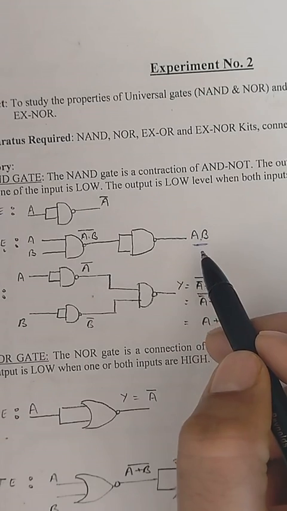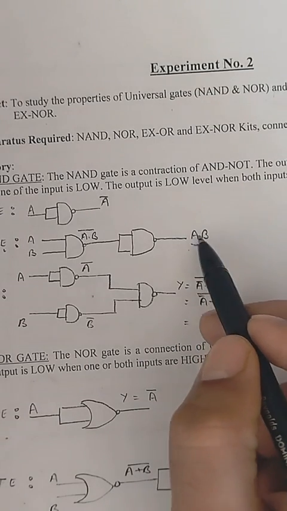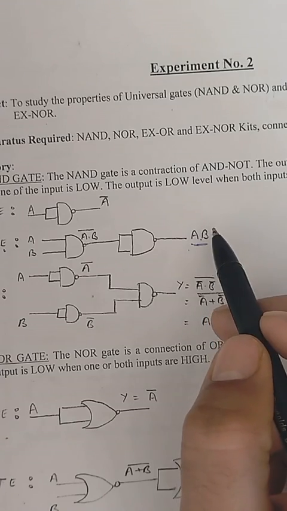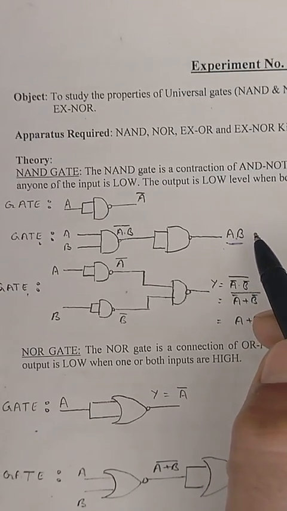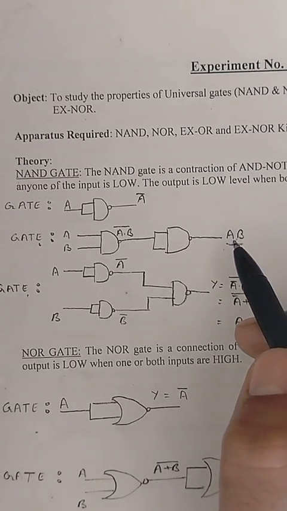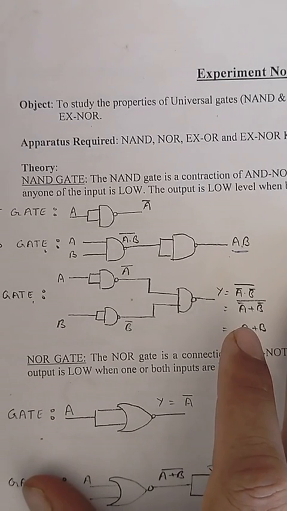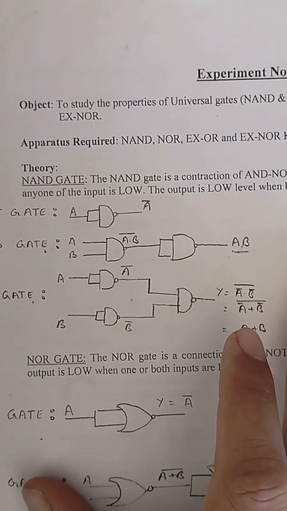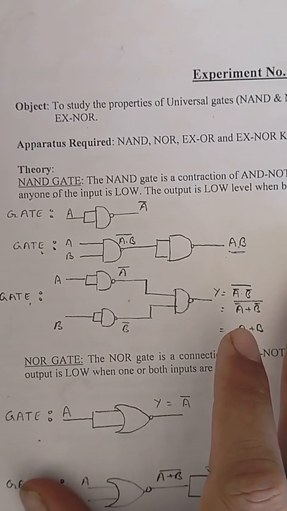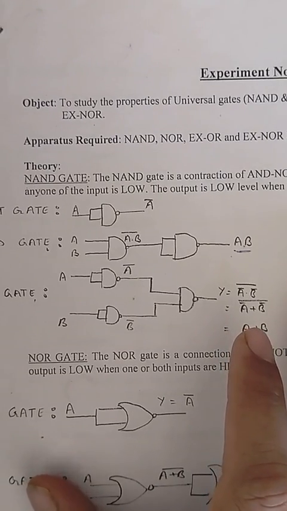Now you can see this expression is similar to the AND gate. So we can derive the AND gate using the NAND gate.